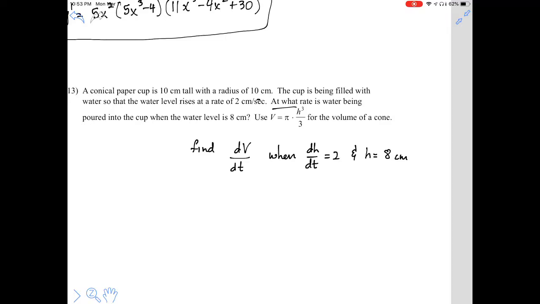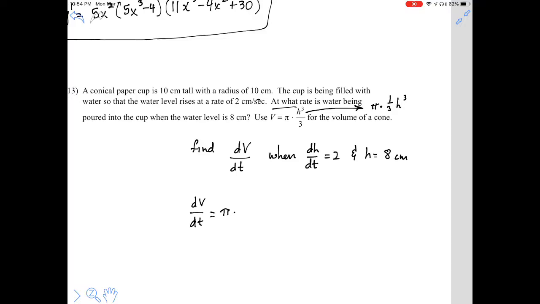So really all we got to do is find the derivative of the volume. So dV/dt equals pi, and then just as a little side note here, pi times 1/3 h cubed. Instead of having h cubed over 3, you might want to think of it as 1/3 h cubed.